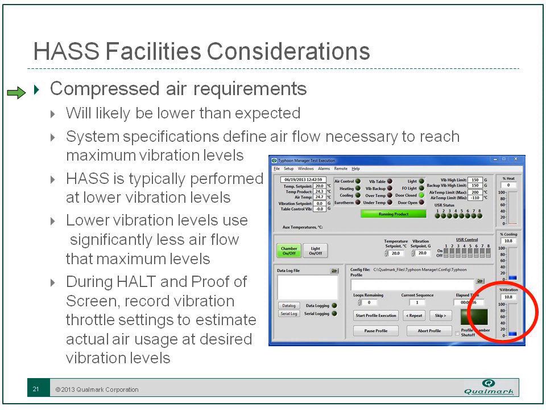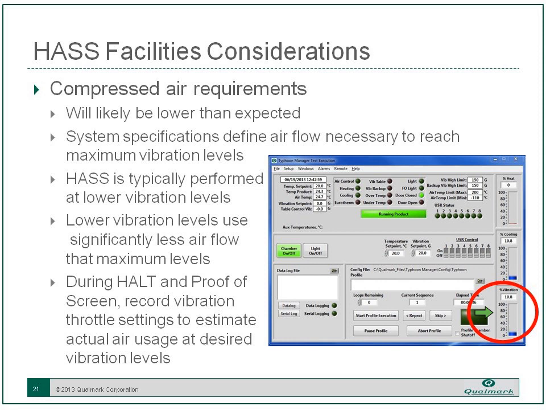And one of the ways to figure that out is, as we're doing HALT and you're doing proof of screen, keep an eye on the vibration throttle settings. You can see those on the control screen here. They could also be recorded in the log files, and you can see at what throttle level the chamber is operating to reach the G level that you've specified.